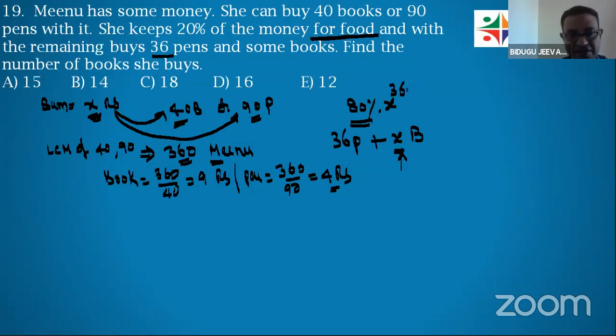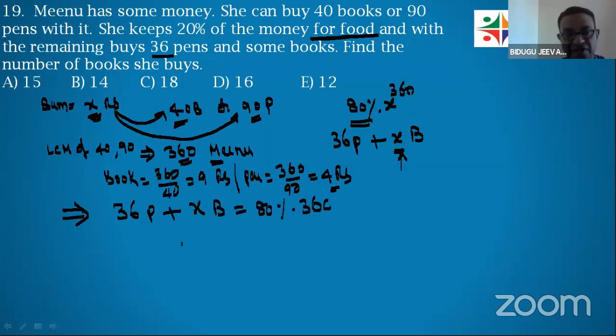How many pens were purchased? 36. Let me write the equation. 36 pens plus some books is equal to 80% of 360. So 36 into pen 4 plus X books, book rate 9, is equal to 80 by 100 into 360. Calculation, please observe.